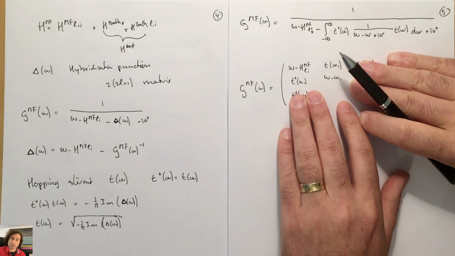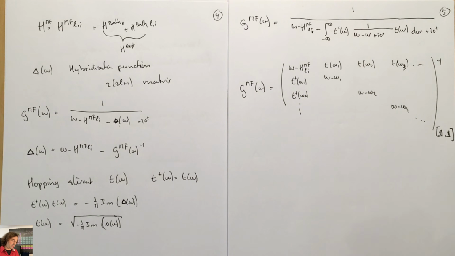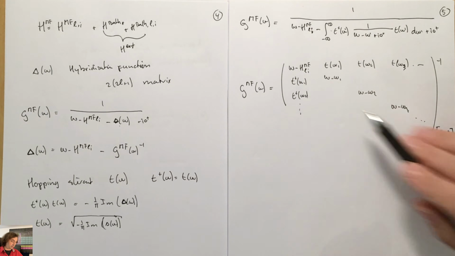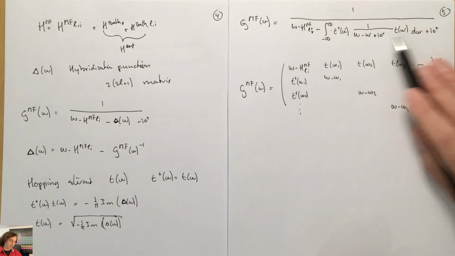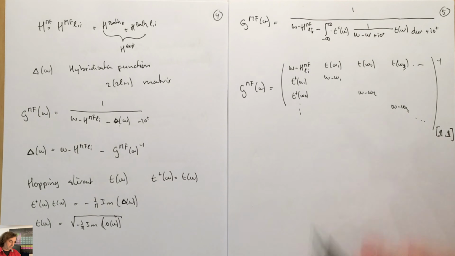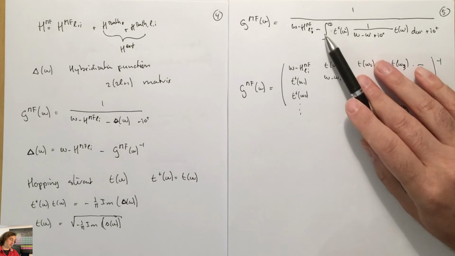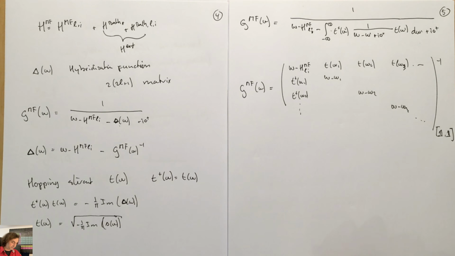We saw this for single states, but you can expand this to many states, and then it's just the inverse of this full matrix restricted to the first block that is given by the function that we have here. For a finite Hilbert space, that becomes a sum. For an infinite Hilbert space, that becomes an integral. So that's where we can now replace our hybridization function by an explicit form of a tight-binding Hamiltonian again.